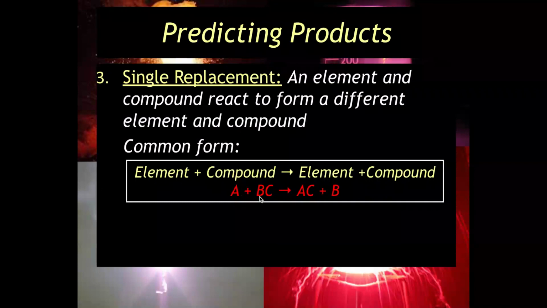So it's like one letter got replaced, the B got replaced with the A. So that's the basic form of a single replacement reaction. We call it a single replacement because just one of these letters is going to get replaced.